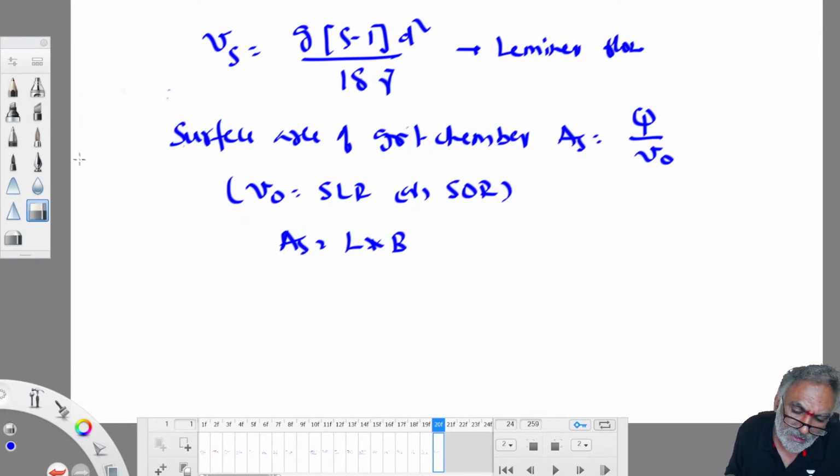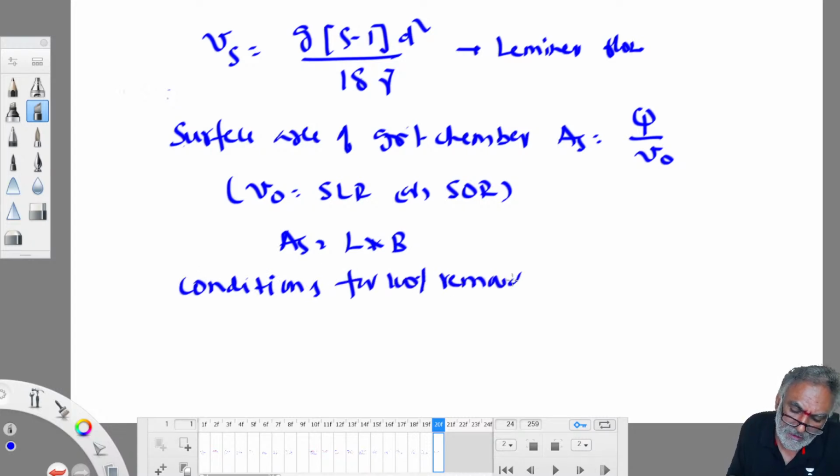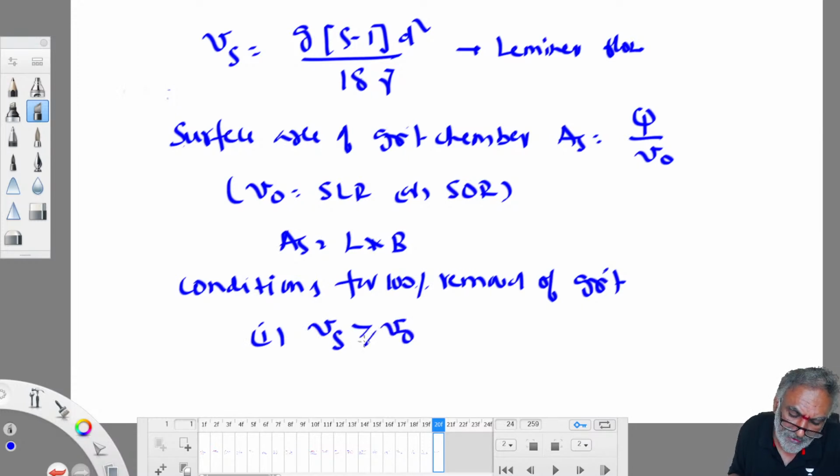Okay. In addition to that, conditions for 100% removal of grit you can also use. For 100% removal of grit, the first condition is that the settling velocity of the grit particle should be greater than V0.